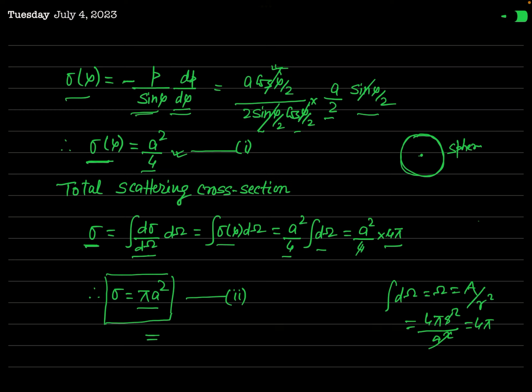Okay, so I think after these 3 lectures on scattering theory, or on the classical scattering theory, now definitely you have a concrete knowledge of classical theory of scattering, particularly this Rutherford scattering.